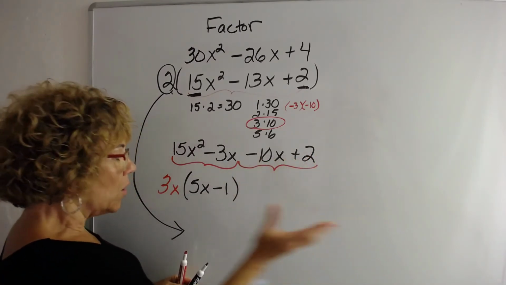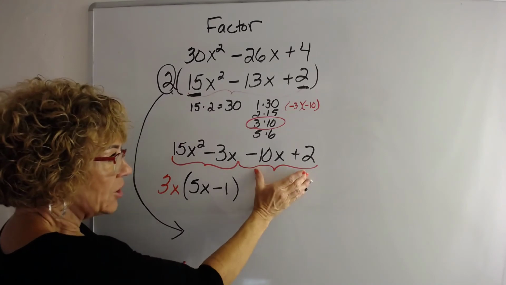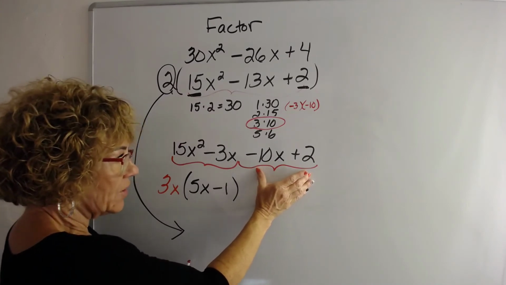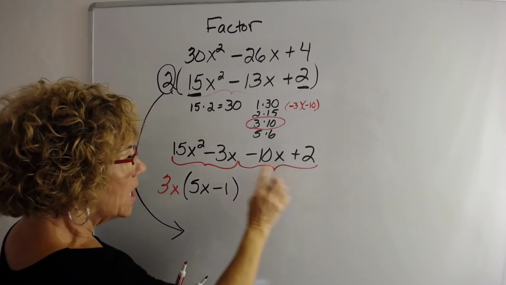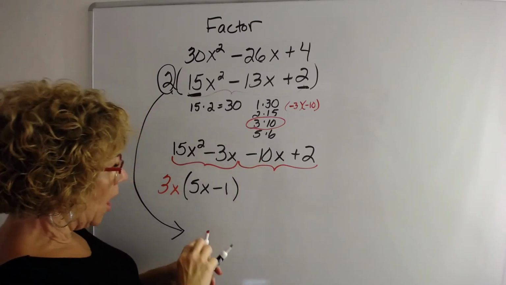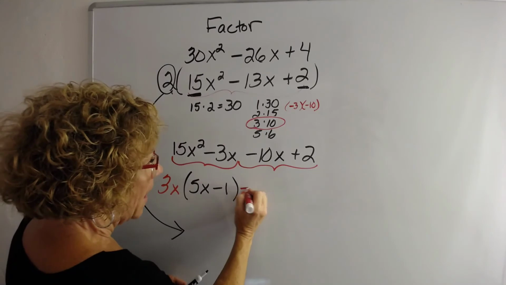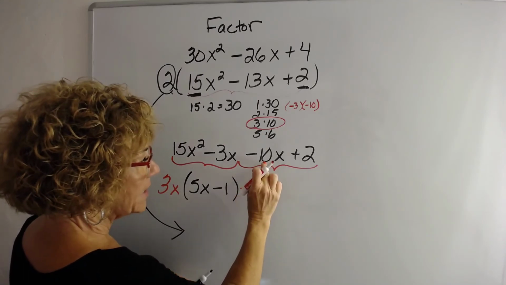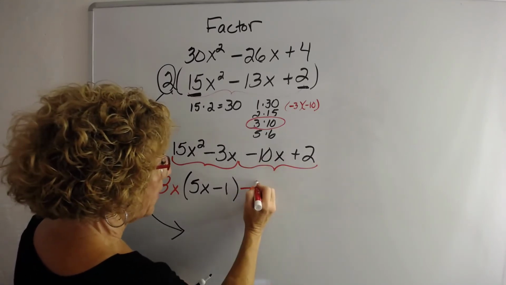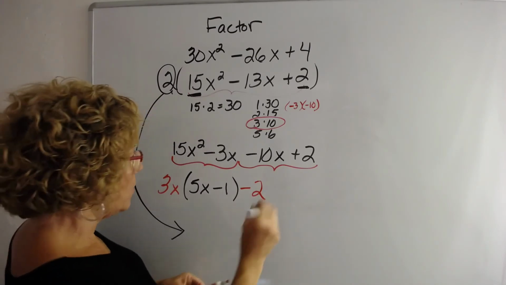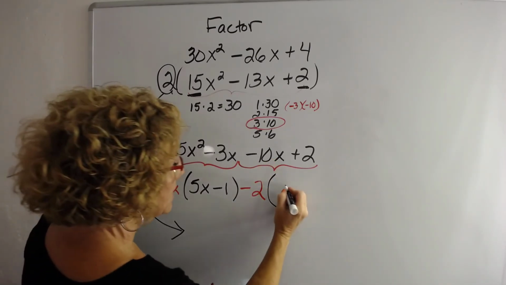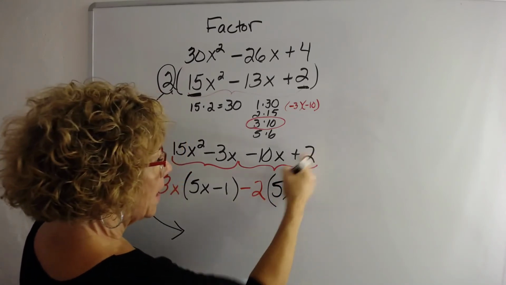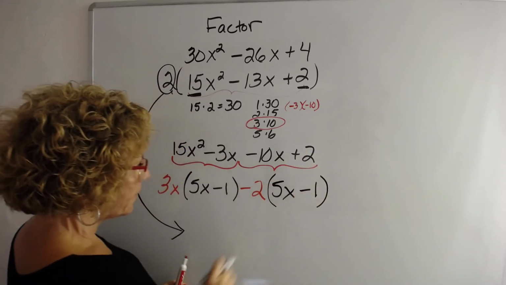And our ultimate goal is, when we factor by these 2 factors, what we want is to get 5x minus 1. So I'm going to factor out a common factor of minus 2, the greatest common factor between 10 and 2 being 2. And that will leave us with minus 10x, divide out the minus 2 to give us 5x minus 1.